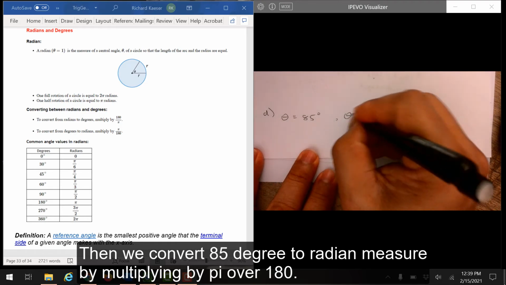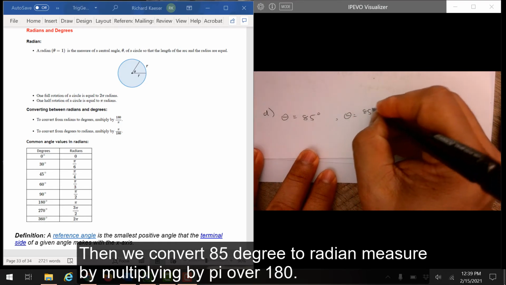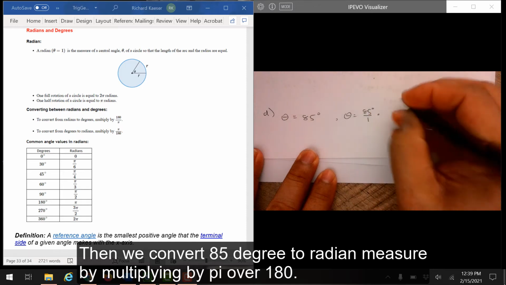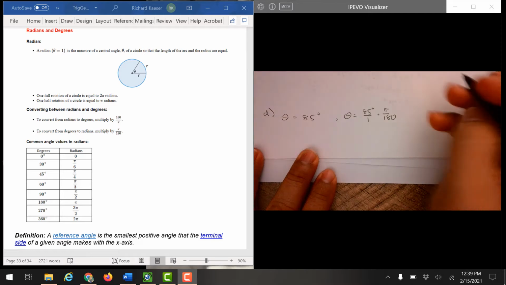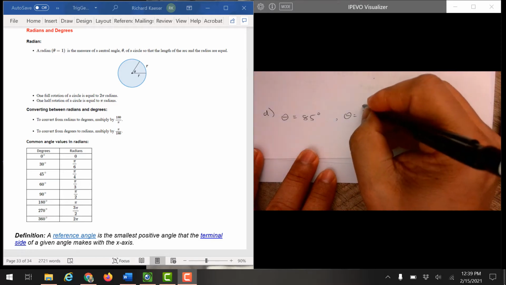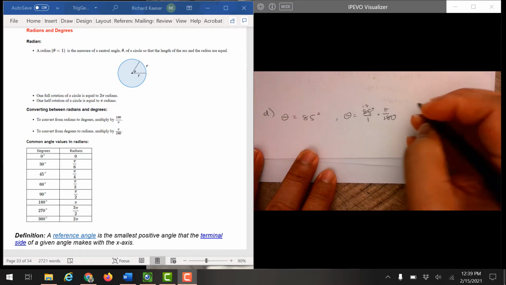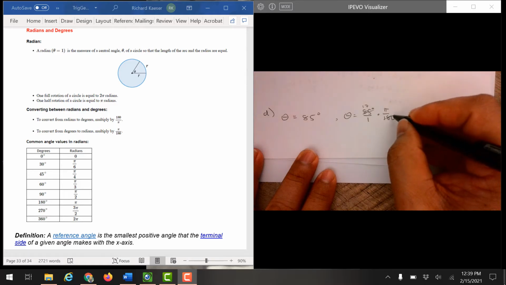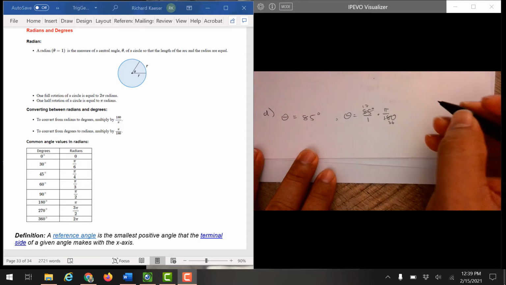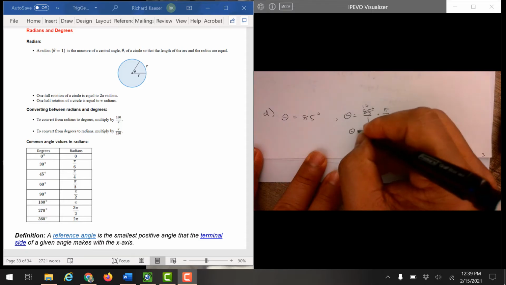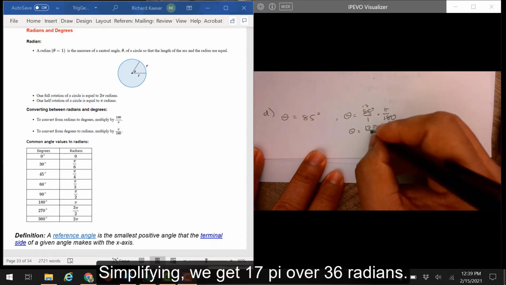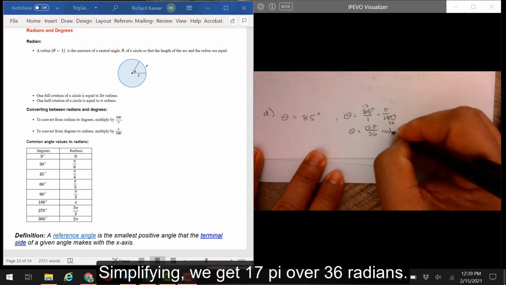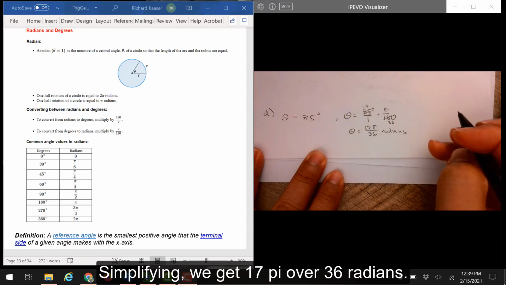Then we convert 85 degrees to radian measure by multiplying by pi over 180. Simplifying, we get 17 pi over 36 radians.